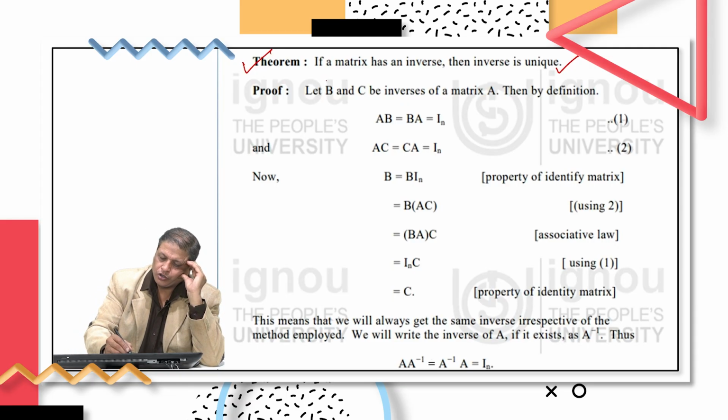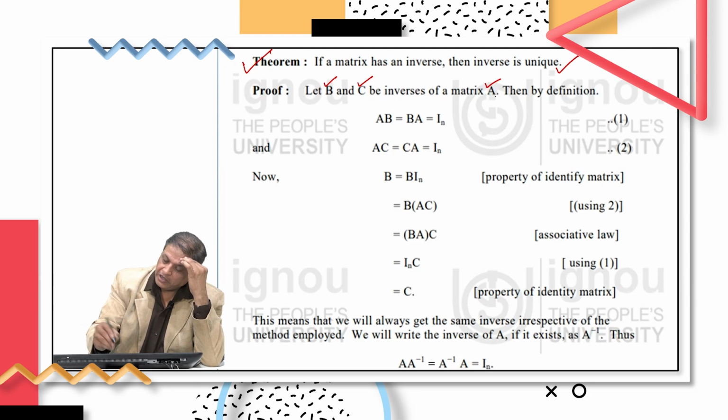In order to prove that the inverse is unique, we assume that there are two inverses, say B and C, of matrix A. So AB should be equal to BA, which is equal to an identity matrix. Similarly, AC is equal to CA, which is equal to an identity matrix.